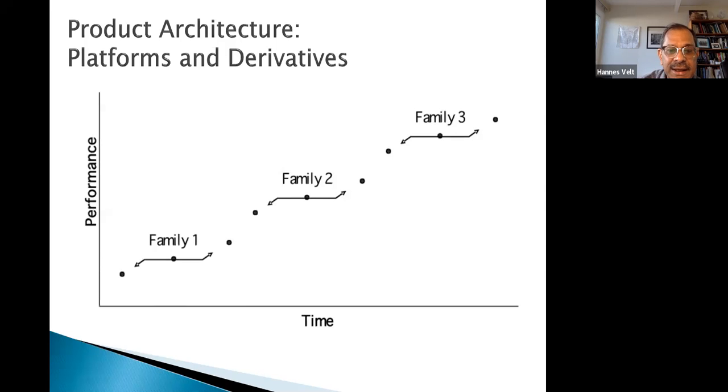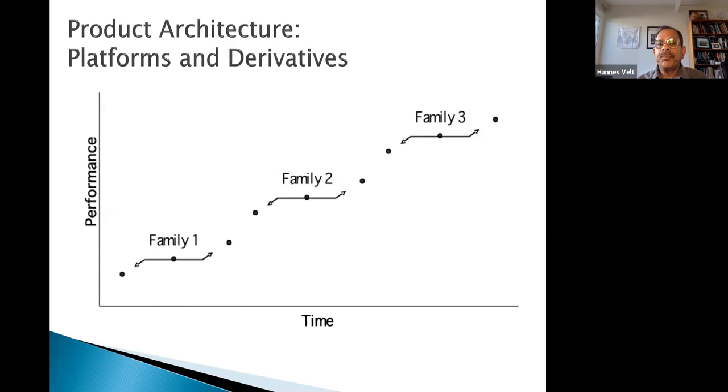But you can see that every new generation or family or platform has some average performance in the center. And then you can either have a lower performing derivative or you can have a higher performing derivative. So what's the benefit of a platforms and derivative strategy?